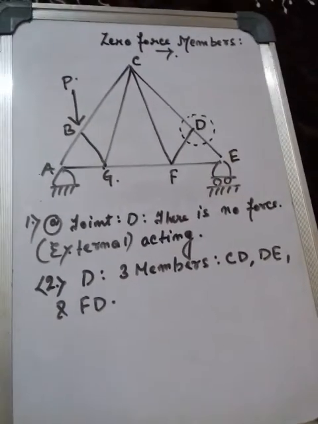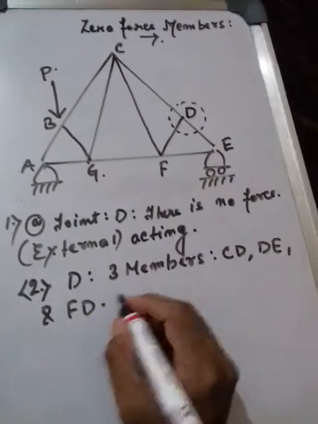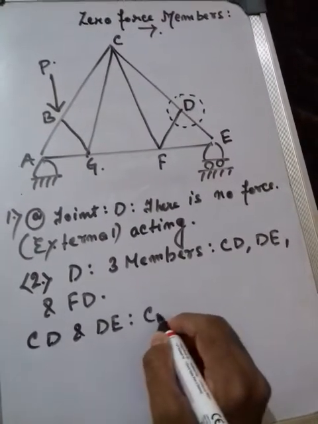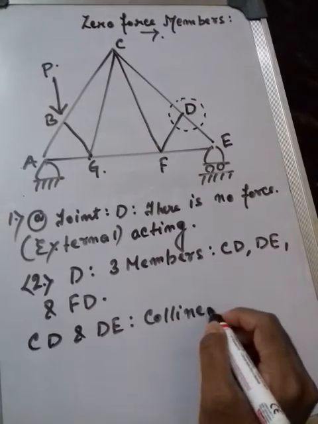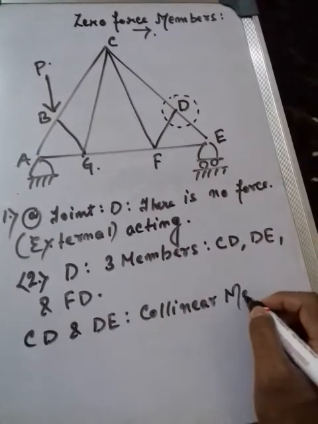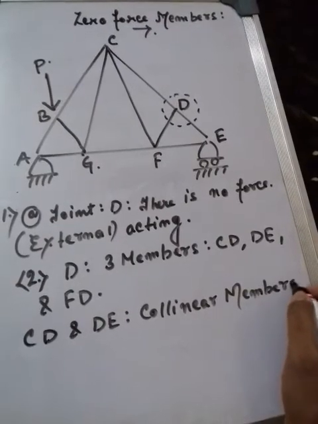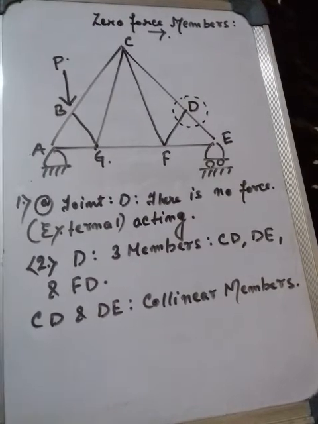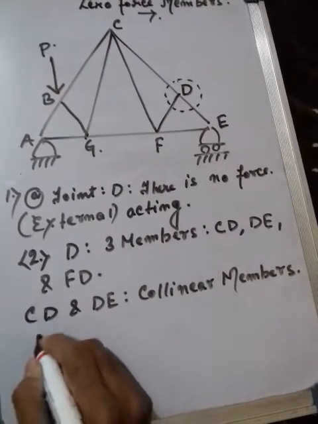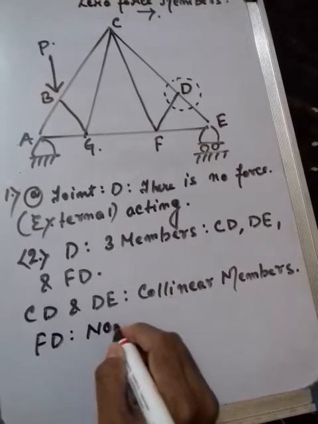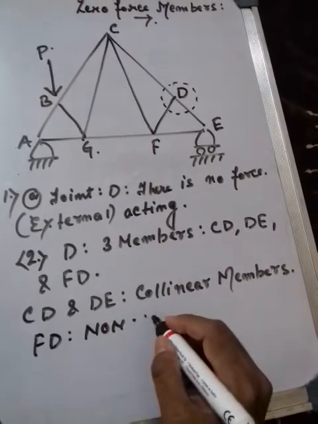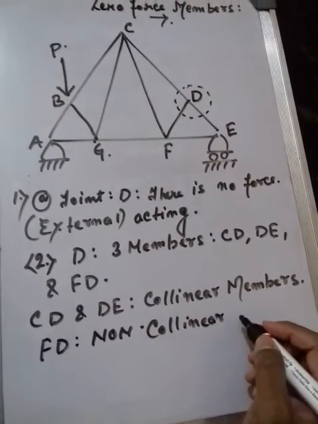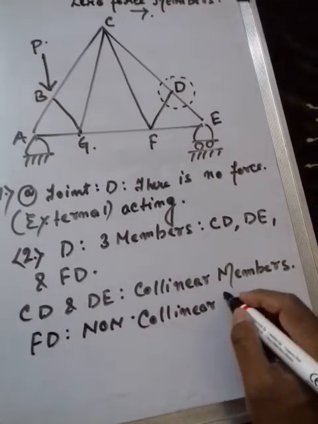You can very well see that CD and DE are collinear members. What do you mean by collinear members? They meet at the same point and are in the same direction. But FD is a non-collinear member, the third member.